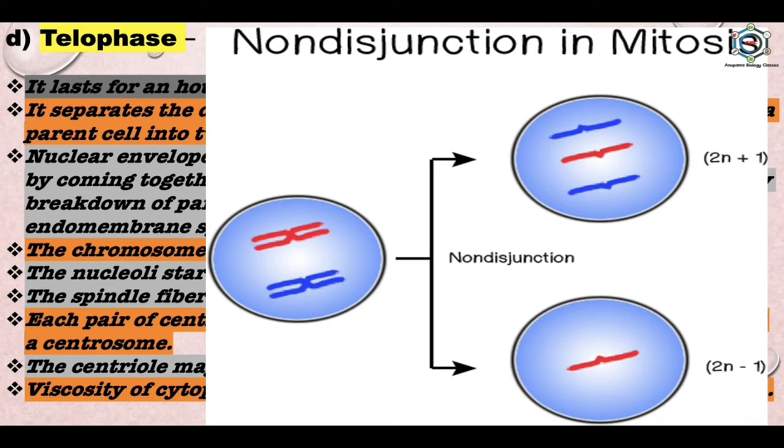You see in one daughter cell trisomy, that means 2n plus 1 condition, and in the other monosomy, that is 2n minus 1 condition. Both cases are abnormal, and so one gamete has 3 chromosomes and the other has 1 chromosome. It causes diseases known as chromosomal disorders.